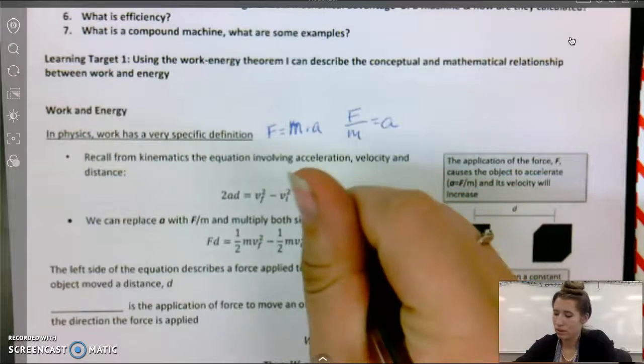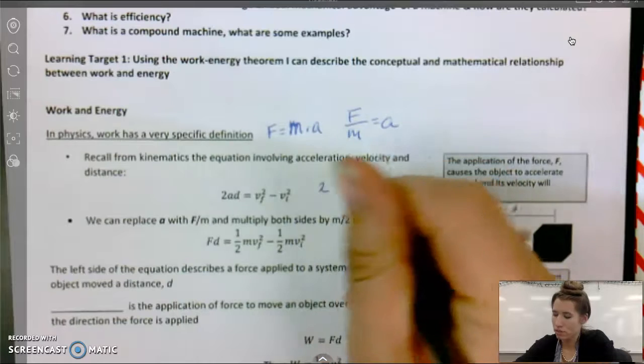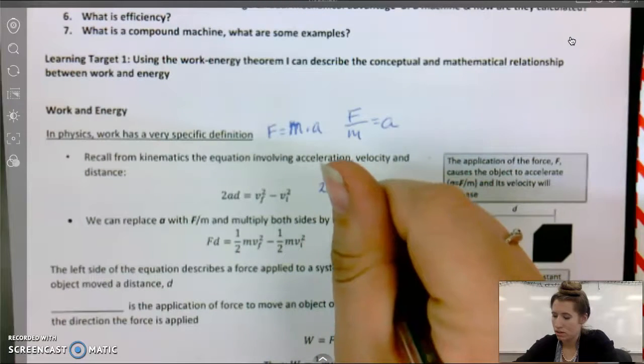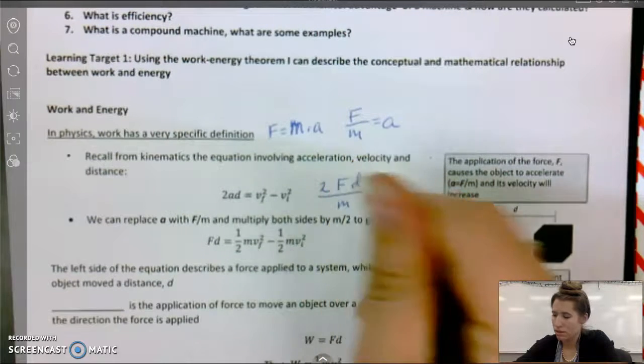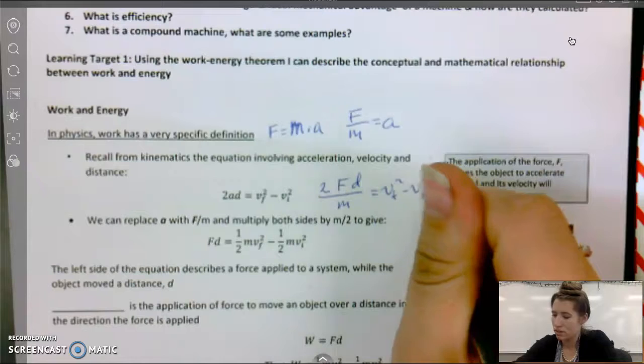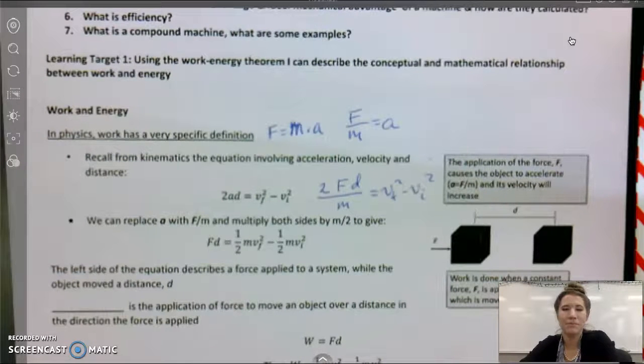So what we end up with is 2, and then we have force, and then displacement over mass, equals velocity final squared minus velocity initial squared. Okay? And what we want to do is get force and displacement by itself.